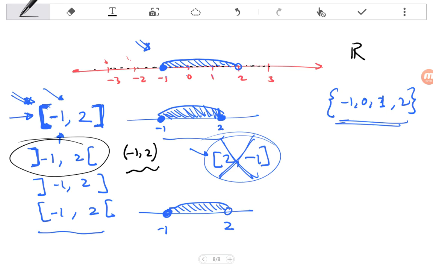So we prefer to use the square bracket expression for an open interval. So if you read some textbooks, they sometimes express an interval like this, with 2 open, using a usual bracket instead of a square bracket.